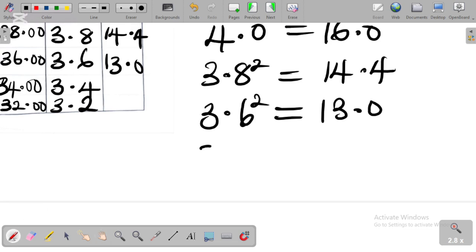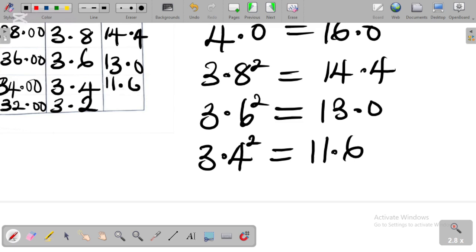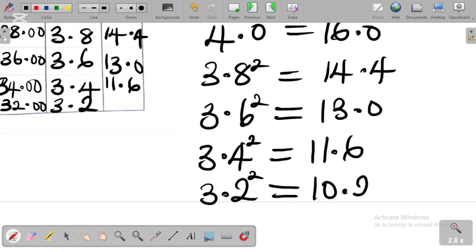And also we have 3.4 raised to power 2. It would give you 11.6. So you write here 11.6. And then finally we have 3.2 raised to the power 2. Our answer is 10.2. So you write here 10.2.